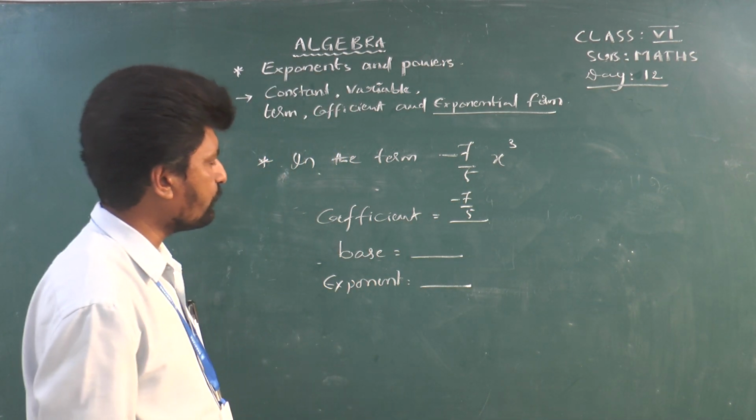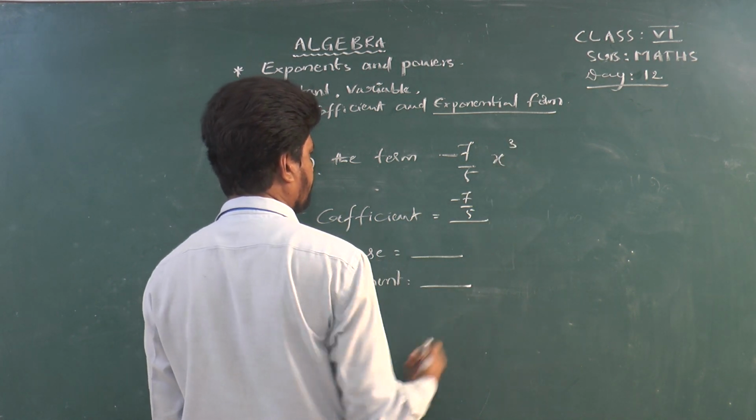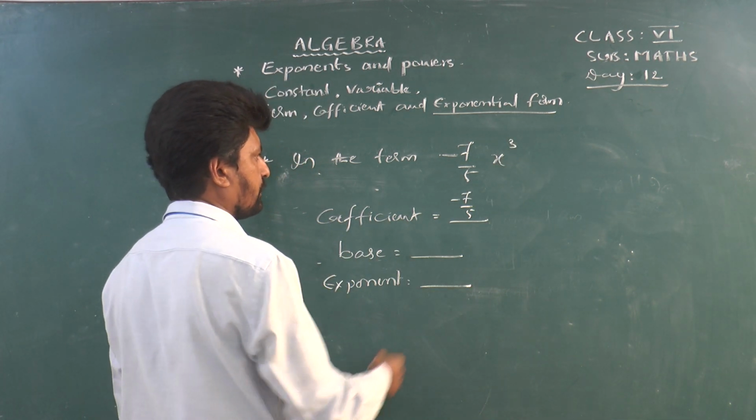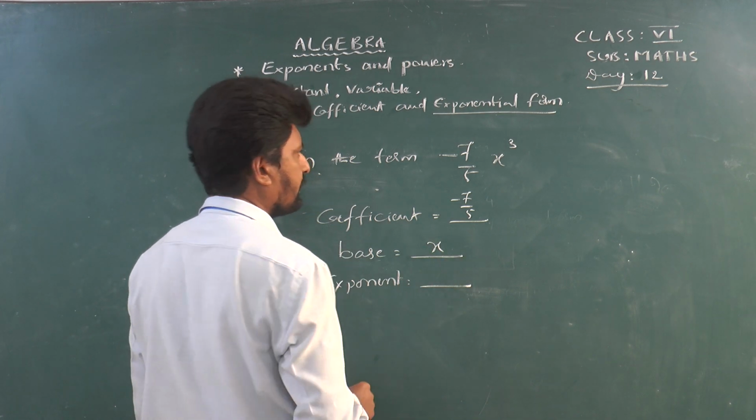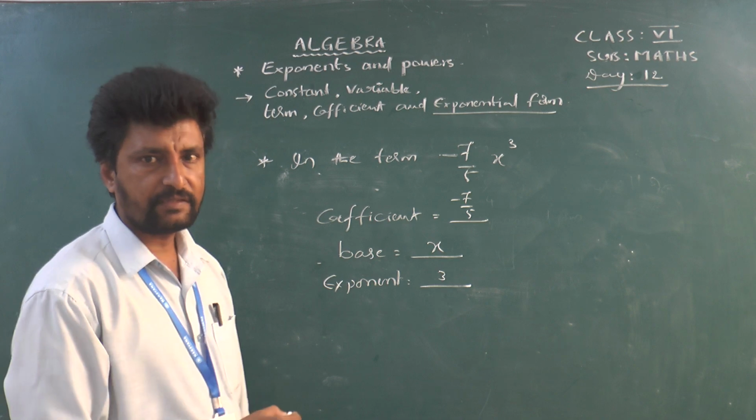In that term, x cube is in the form of a to the power of b, an exponential form. Now x is called the base, and the exponent is 3. Like that we should do.